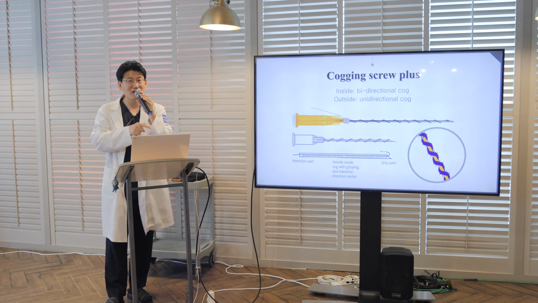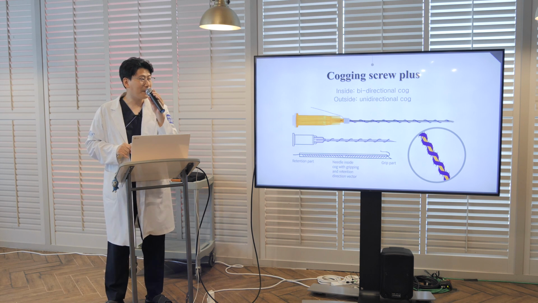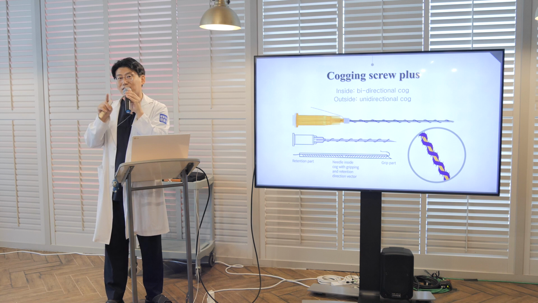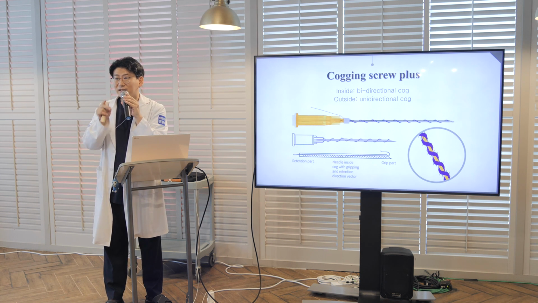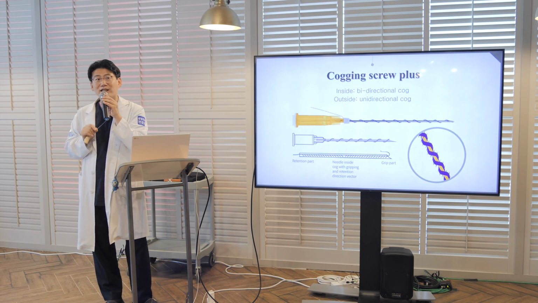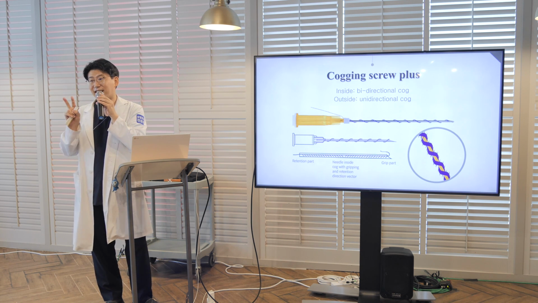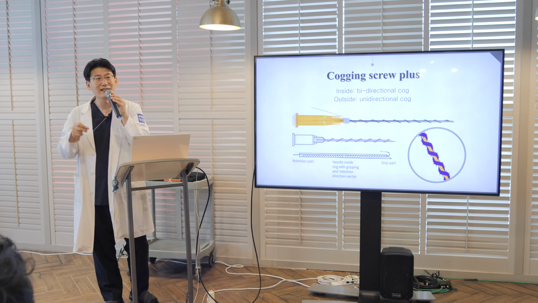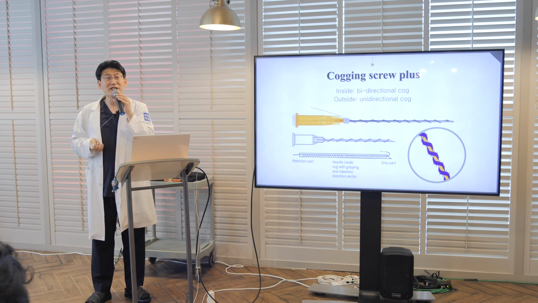Let's talk about bidirectional later. Anyway, it has 2 effects. The first one, originally, the thread itself can stimulate surrounding tissue to synthesize new collagen. Second, the cog can physically pull the tissue. These two effects can make a better result.